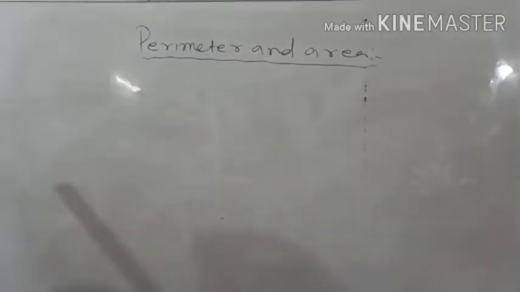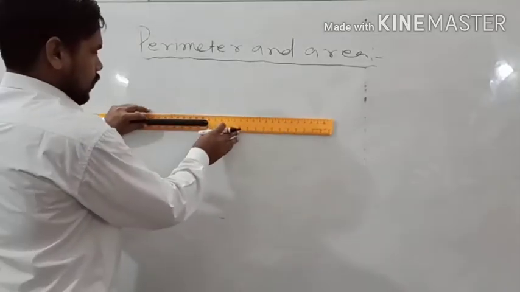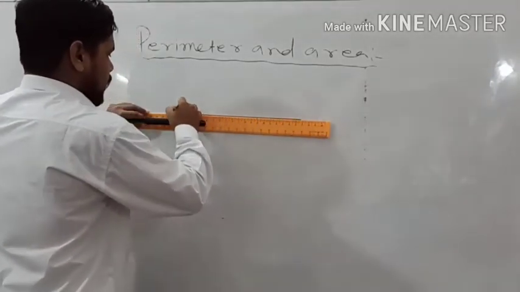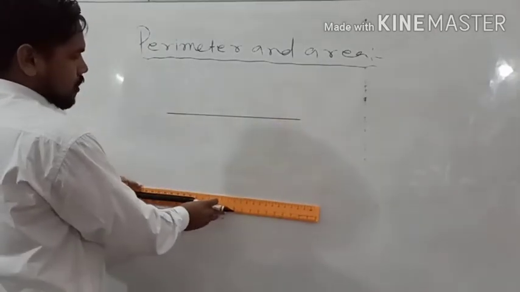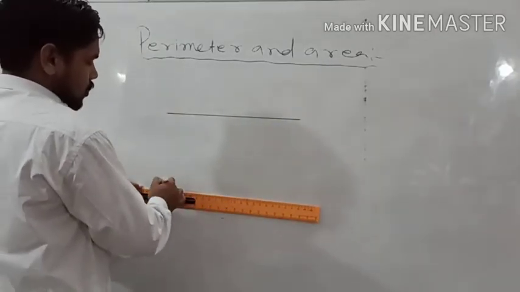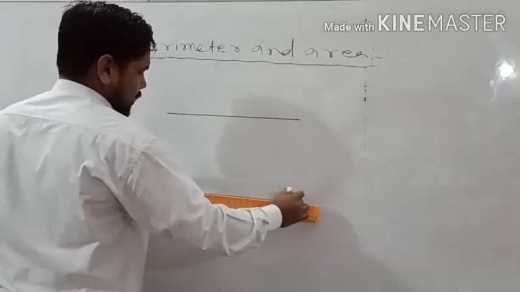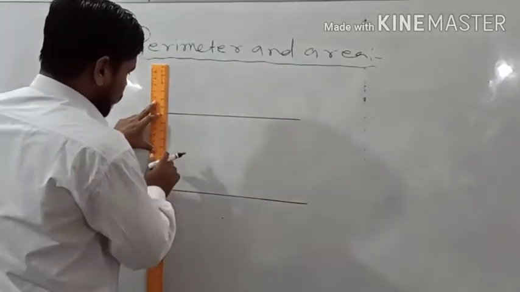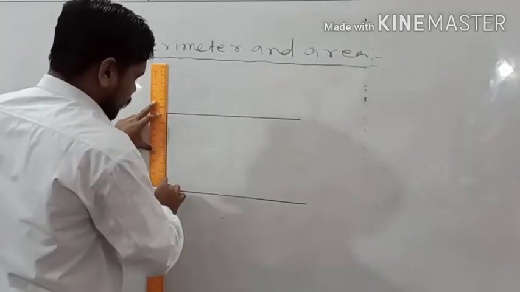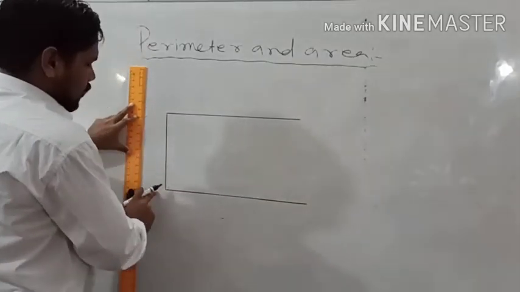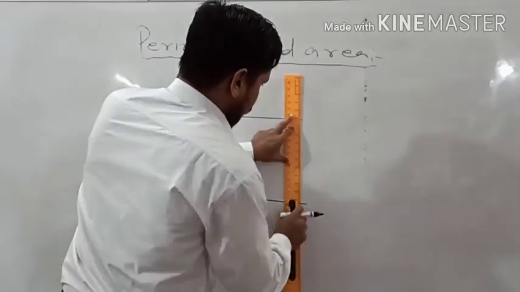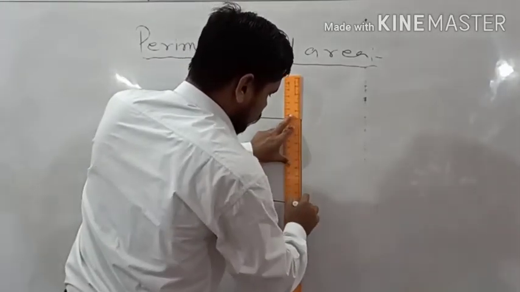Okay, so suppose I am drawing a rectangle here. In the case of a rectangle, two opposite sides are of equal length. Let us suppose these two sides are of equal length, and these two sides are also of equal length, but the length is more than the breadth.